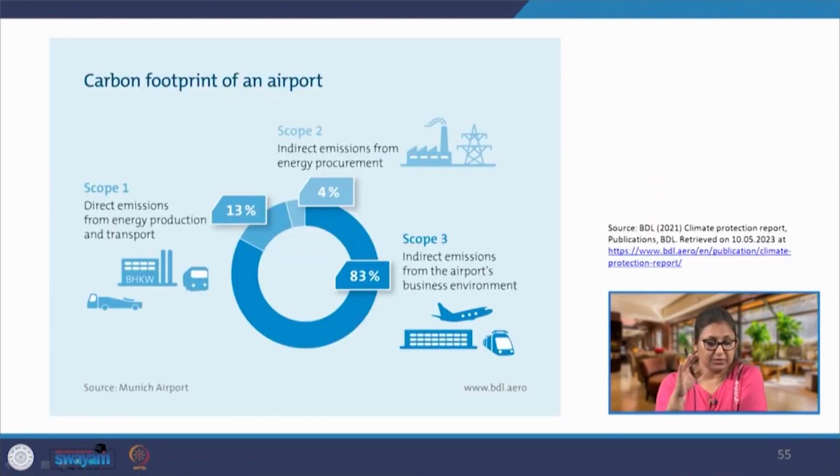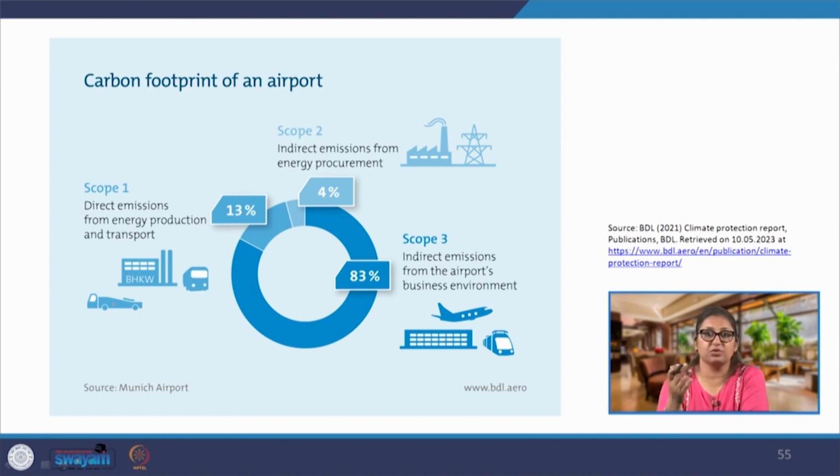This is another very interesting example which is carbon footprint of an airport. Now, here if you see, scope 1 emissions are from direct energy production and transport, if there is energy production at the site itself, and then the transport. So, airports have a lot of transportation that is happening on the ground for managing all the activities there.